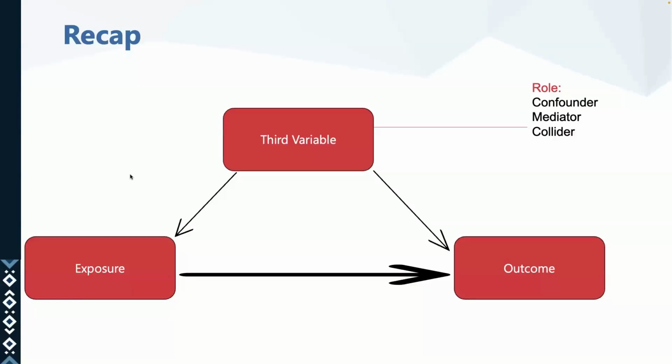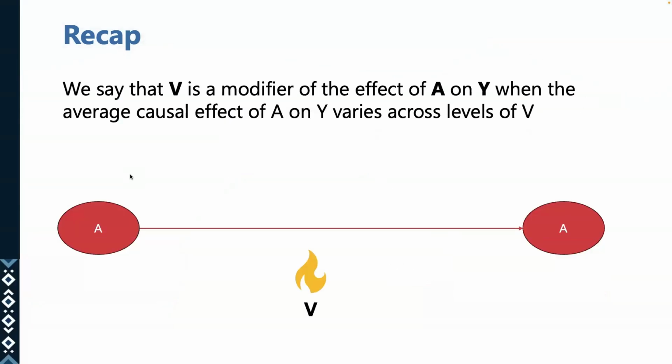And it is always important to label the third variables because, depending on the role of the third variable, you will either have to control it or you will not have to control it. So this is particularly important. And as Merve clearly said, let's say we have an exposure A and the outcome Y. There's a typo here, but don't bother.